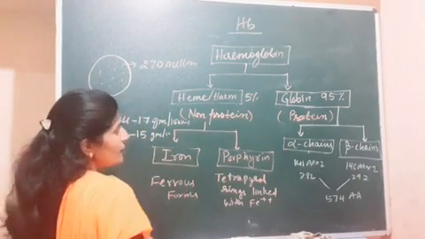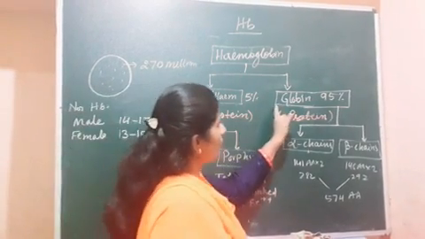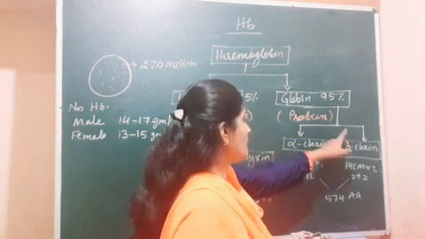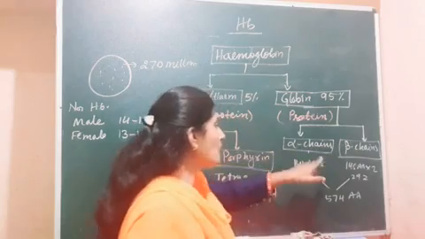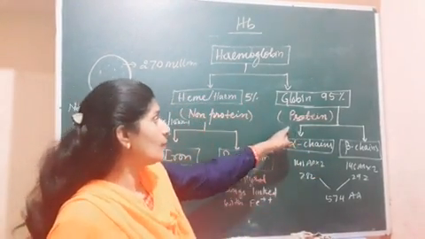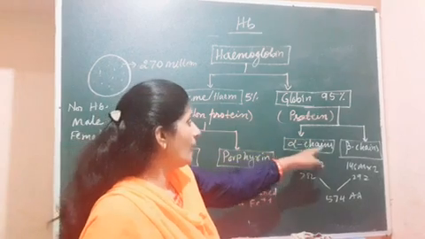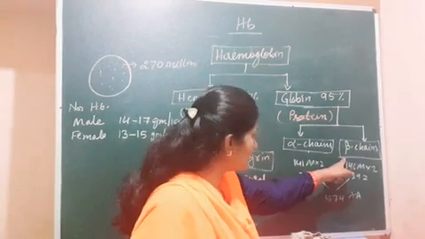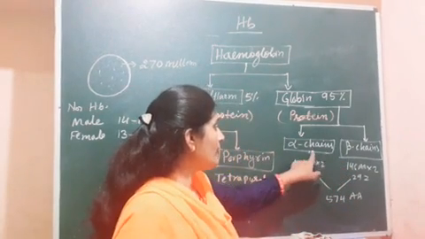First of all we will see the globin. Globin is the 95% protein part. It has 2 alpha chains and 2 beta chains. Each globin has 2 alpha and 2 beta chains. A pair of alpha chains, a pair of beta chains. And what are alpha and beta chains?